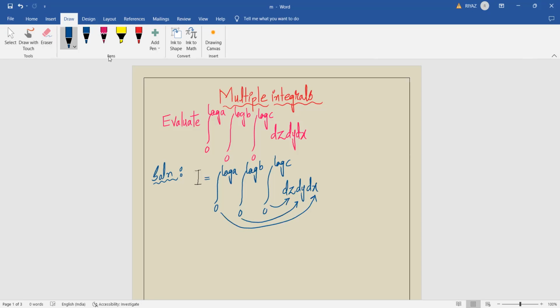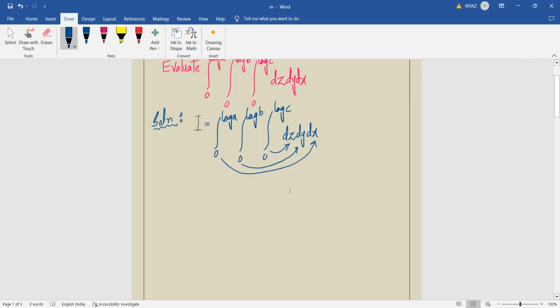Now you have to mention which one you are going to integrate first. Integrating with respect to z means this is equal to the integral 0 to log a, 0 to log b as they are.